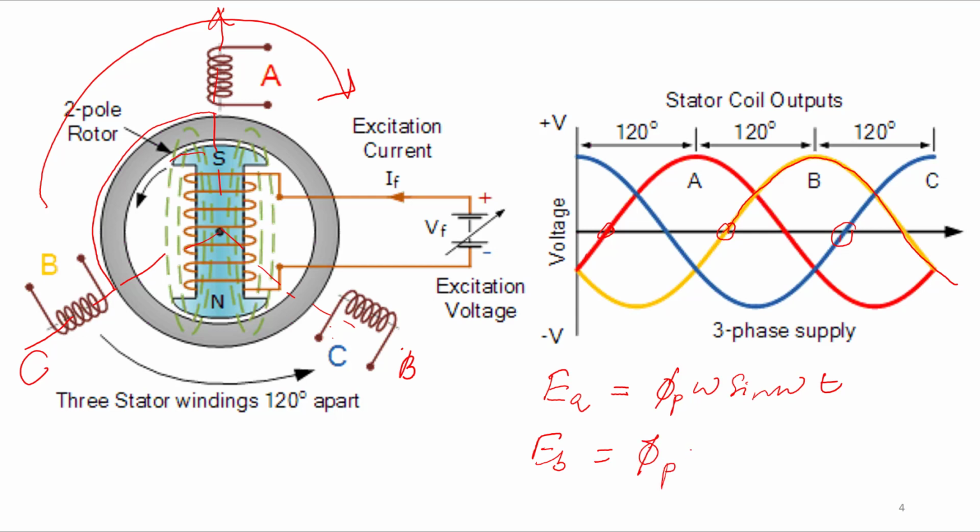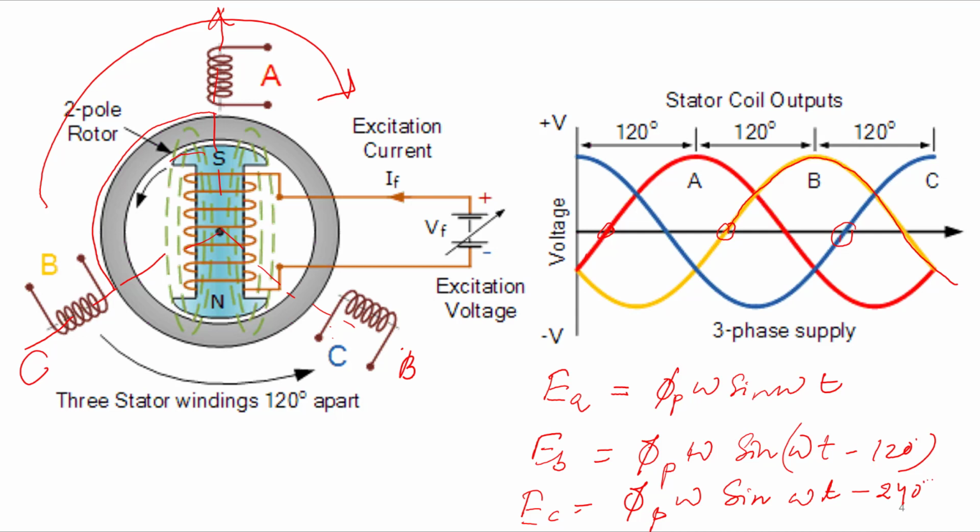It will be phi p omega sine omega t minus 120, right? And EC will be phi p omega, because flux per pole it is, sine omega t minus 240, or you can say it as plus 120, right?